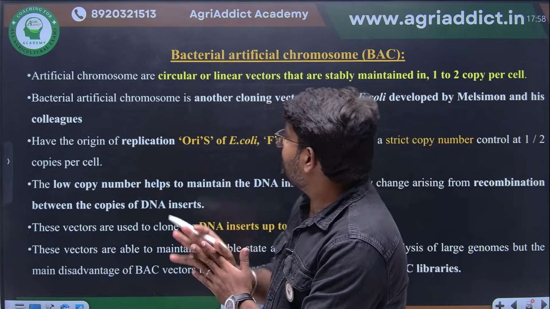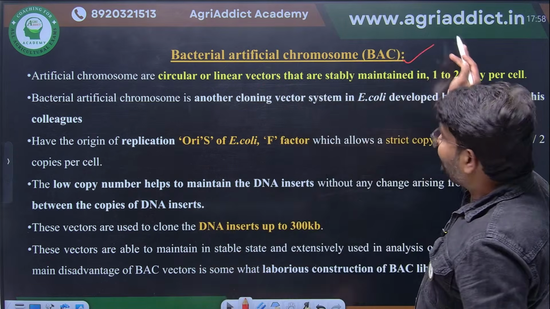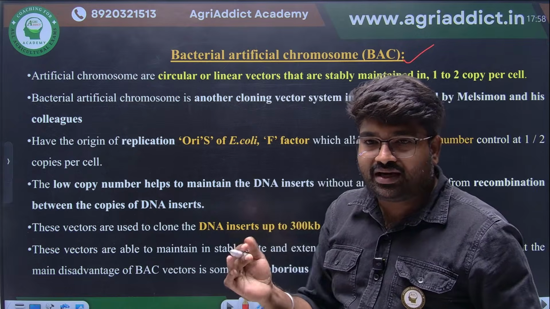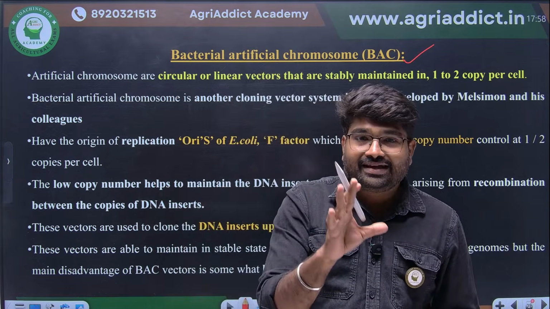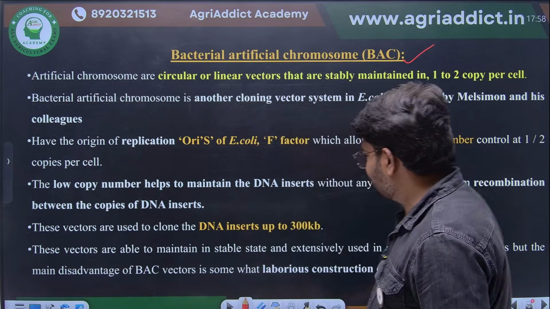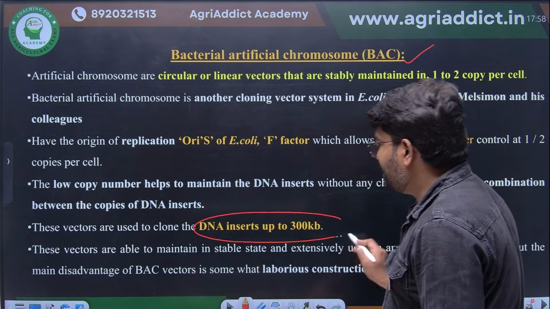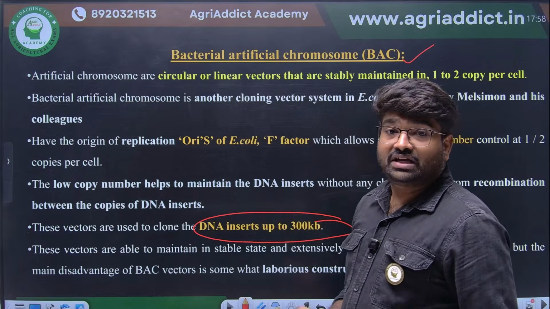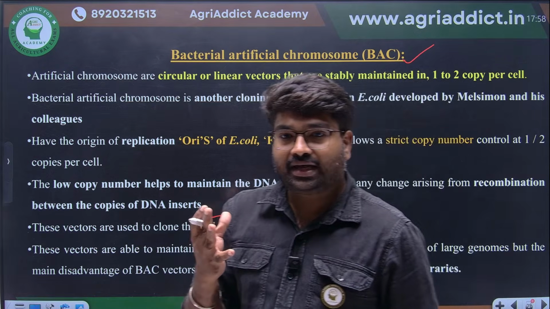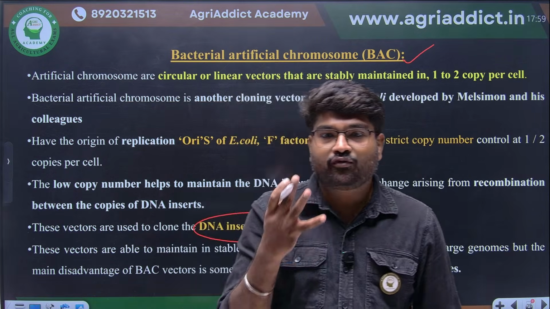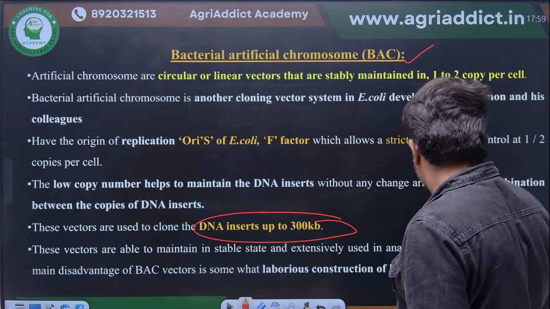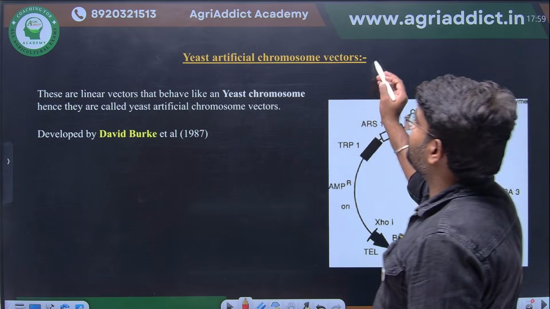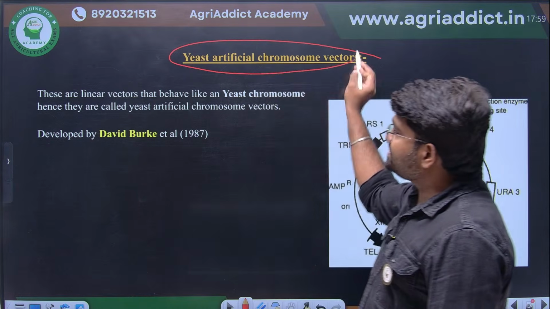Another most important thing, bacterial artificial chromosome and yeast artificial chromosome. Clear? Bacterial artificial chromosome has a cloning capacity up to 300 kb. Another thing is yeast artificial chromosome, YAC.